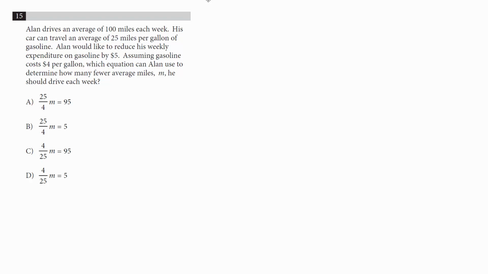So let's see what we can do. Let's try to calculate how much money it will cost him per week. So, if gasoline costs $4 per gallon, $4 per 1 gallon, he can drive his car at 25 miles per gallon.